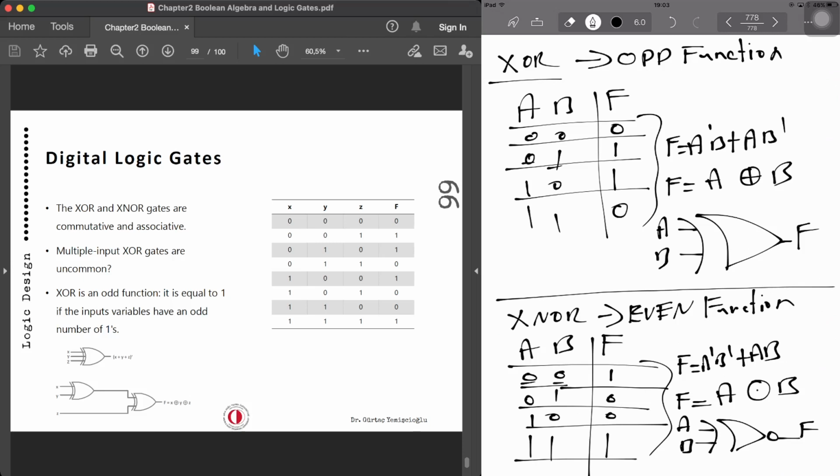As we have got two over here, it's even, so it's 0. 1, 0, 1, again it's even. 1, 1, 0, it's even. And 1, 1, 1, three ones, that means it's odd. Okay, so either we can symbolize it like that, or we can divide it into two gates, two stages, and we can also use it like that. They are both acceptable.